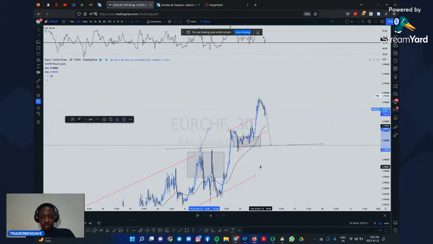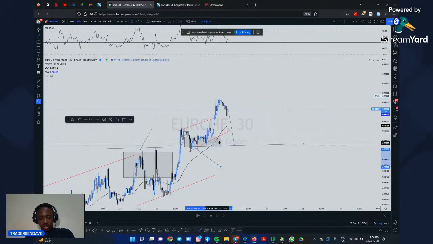A break of this level, retest. If price tests this level again, because there is no strong level, I'm not going to trade off a support and resistance level just because it's a support and resistance level. Mostly I'm looking for very strong liquidity zones to go into the trade.